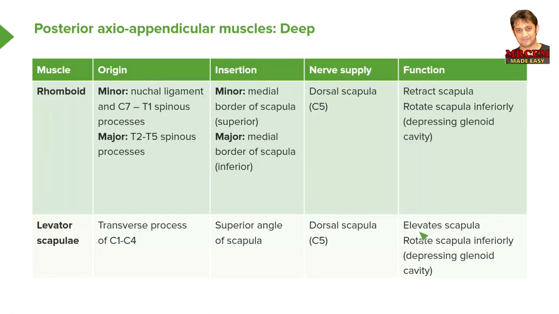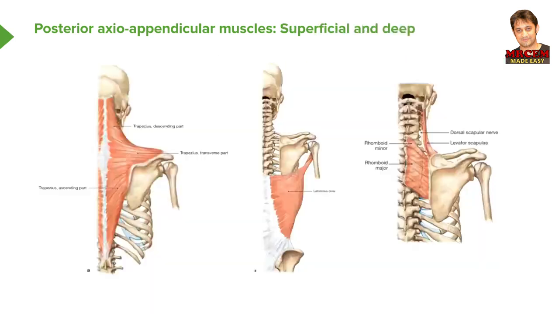If we then look to the deeper muscles, we can see we've got two rhomboid muscles, minor and major, and levator scapulae. And we just go back to the previous slide to see these. Here we can see rhomboid muscles running from the spinous processes of the cervical and thoracic vertebrae, and they pass towards the medial border of the scapula.